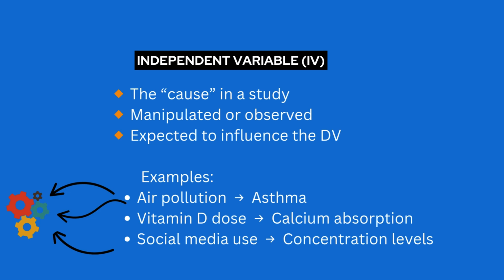In a survey of the effect of the time spent on social media and student concentration in class, our independent variable here is going to be social media usage or time spent on social media. Then our dependent variable will be concentration levels, which means if students spend more time on social media, it's going to have effect on their concentration levels.